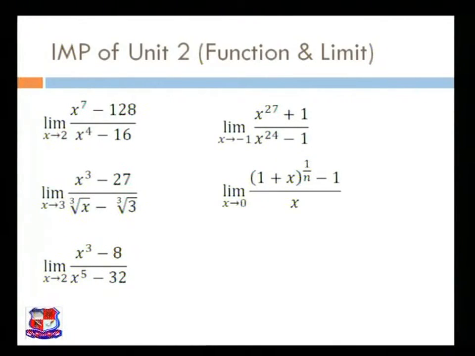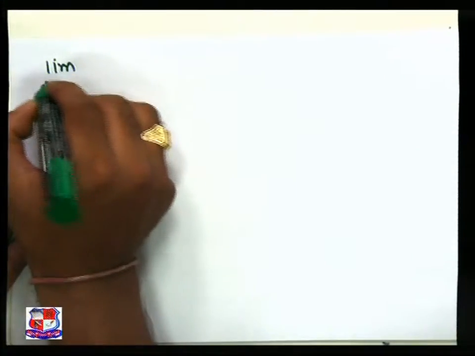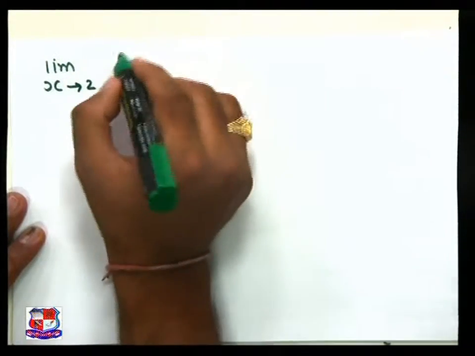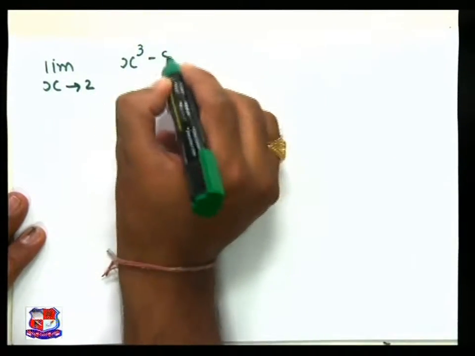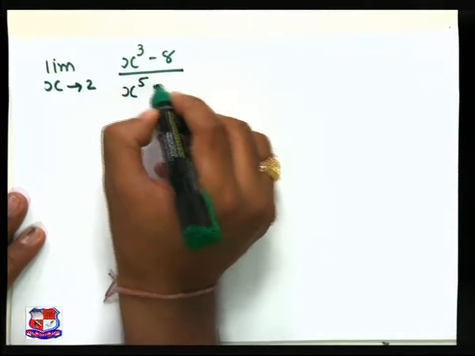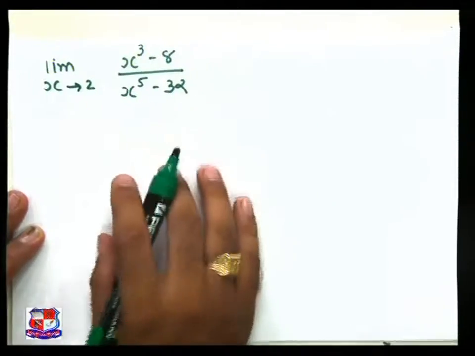Our next question is limit x tends to 2, (x cube minus 8) divided by (x raised to 5 minus 32). So we can write it: limit x tends to 2, x cube minus 8 divided by x raised to 5 minus 32.